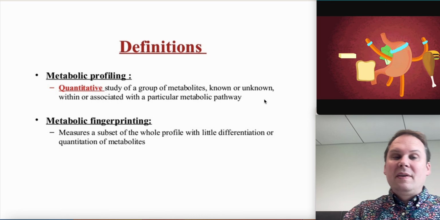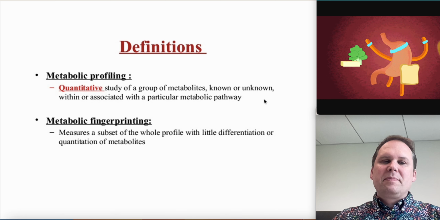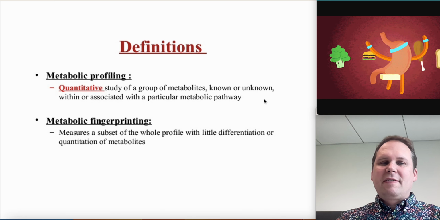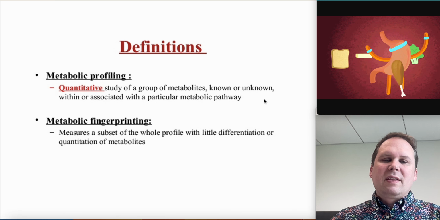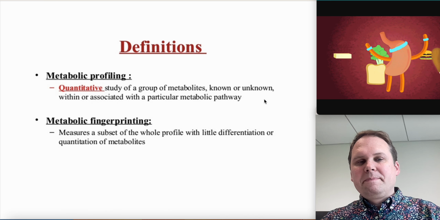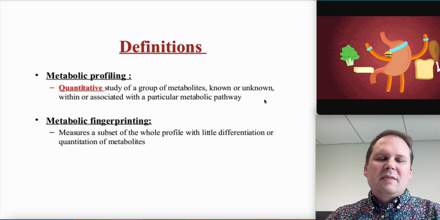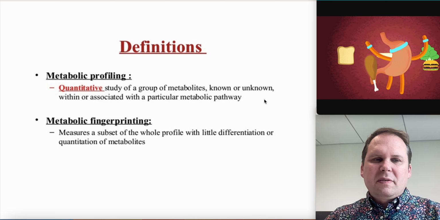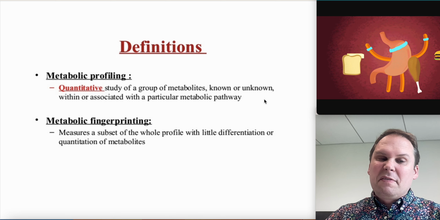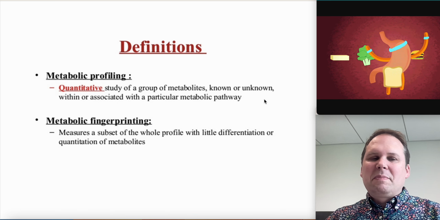Okay, so metabolic profiling is a quantitative study. We're going to look at particular metabolites on a pathway and try to find out the amount of each one of these things that's there. Imagine an animal that we don't know as much about, something like a sponge or a coral. It's a living animal, but with a really different biology to you and I, and possibly one that hasn't been studied as much.